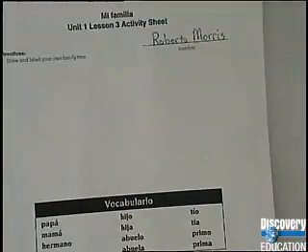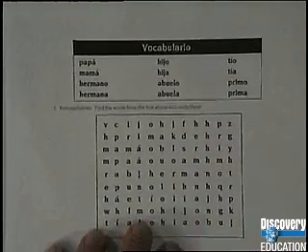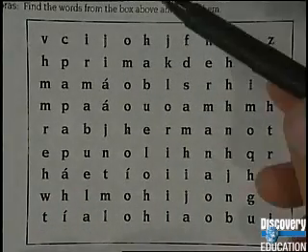Now, after you finish drawing the family tree, you can use this vocabulario, the vocabulary down here. Down at the bottom, there's a busca palabras. We're going to do a word search. So see if you can find the words from the vocabulary in here. And let me see, I think I saw one here.